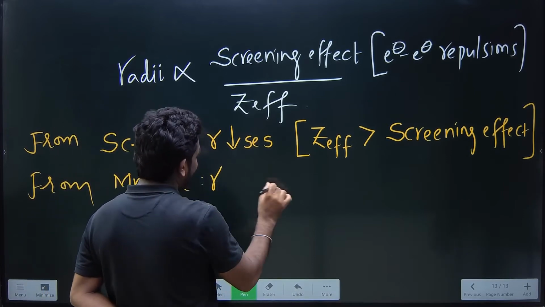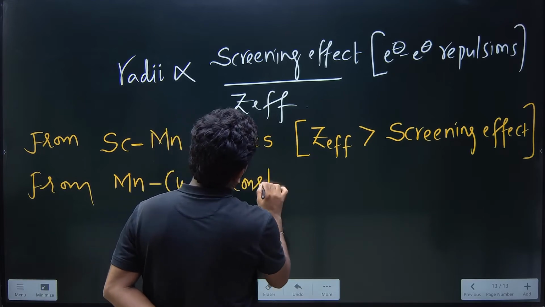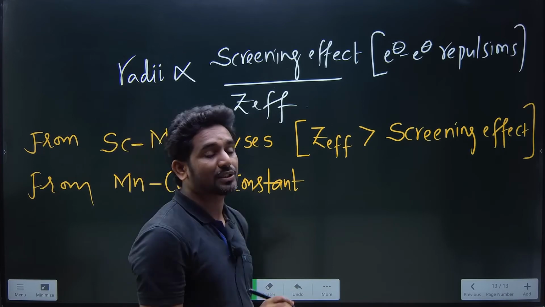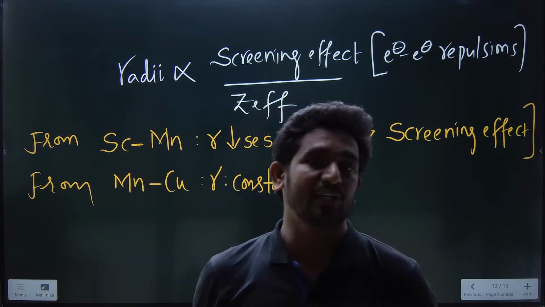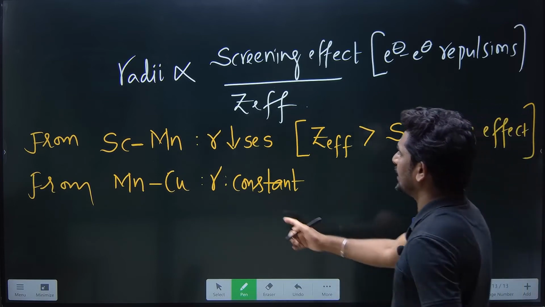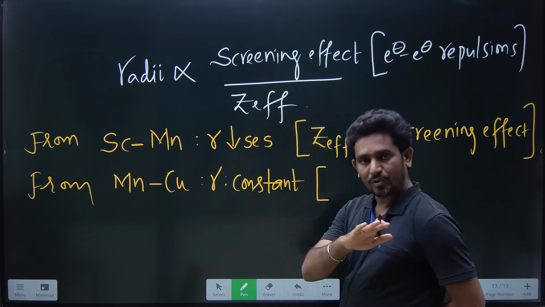radii remains constant, approximately constant. There is no significant change, only very insignificant change. ठीक है, so radii is almost constant. Why? Because both are same.